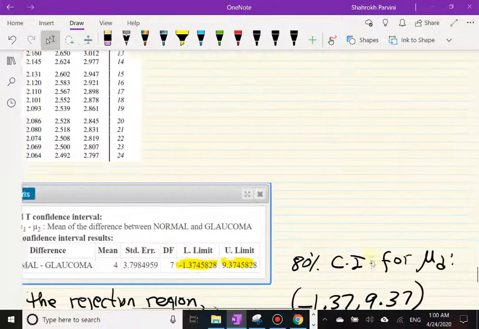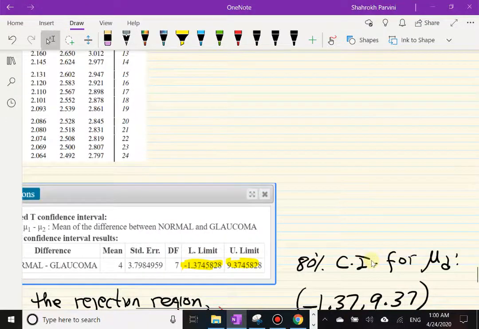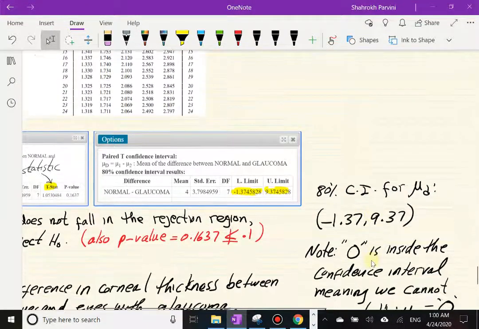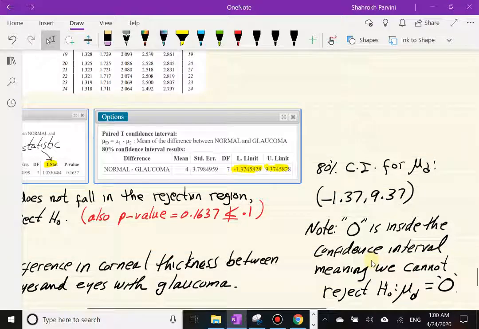Now something interesting I want to show you here is this. When we look at this confidence interval, the number 0 that's in our null hypothesis, the hypothesized value of no difference, is inside the interval.